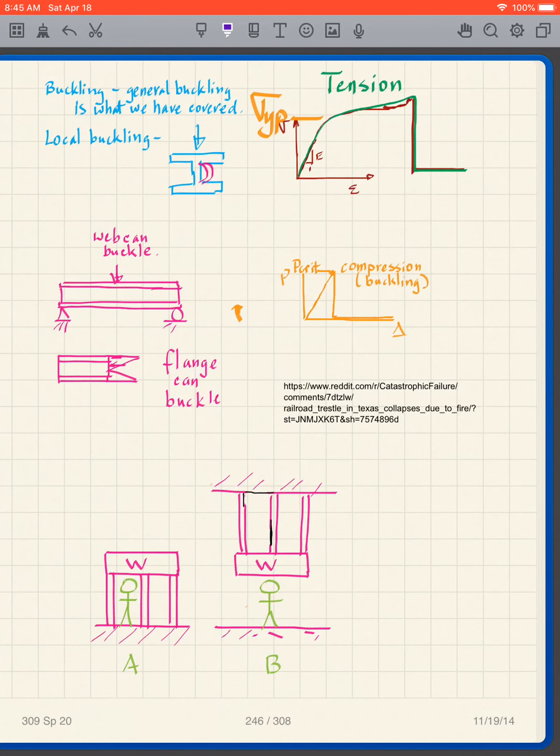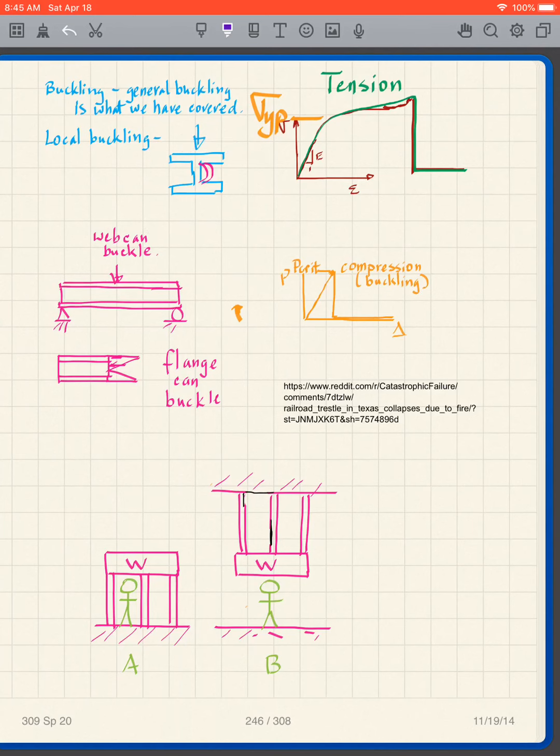Now, what we are covering is what's called general buckling. Just to let you know, as you go further in classes, there could be local buckling. What do we mean by local buckling? Well, for instance, say there's our wide flange beam or I-beam.